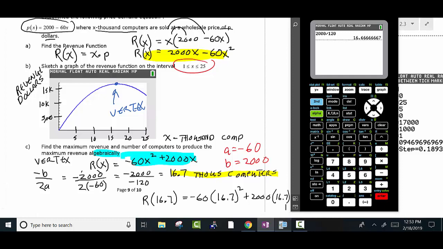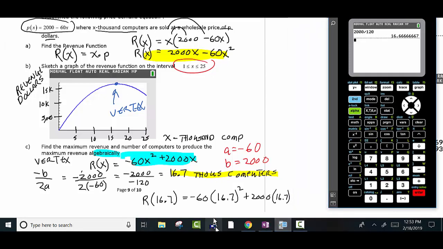Then just do that on the calculator, and you've got the maximum revenue. You can do that in one step. So that would be negative 60 times 16.7 to the second, and then plus 2,000 times 16.7. And I can show you kind of visually how you can tell this is right.